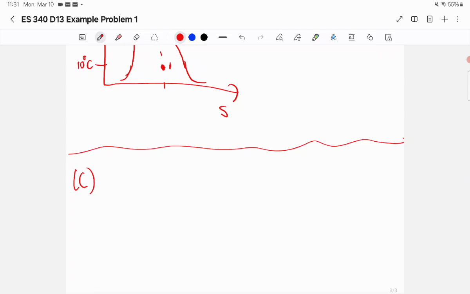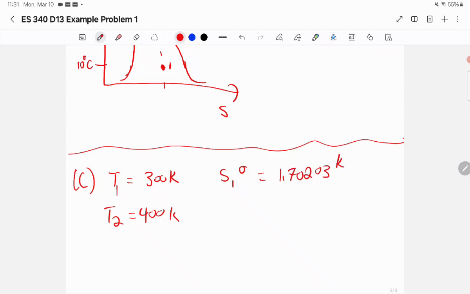So let's write down what we have. We know that T1 was equal to 300 Kelvin. T2 was equal to 400 Kelvin. S1 circle was equal to 1.70203 kilojoules per kilogram times Kelvin.